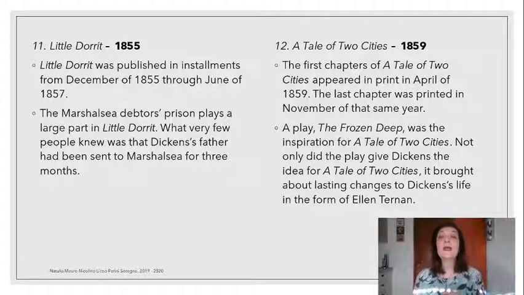Let's go to his 12th novel, A Tale of Two Cities. Here again, it was published in installments, in 1859.